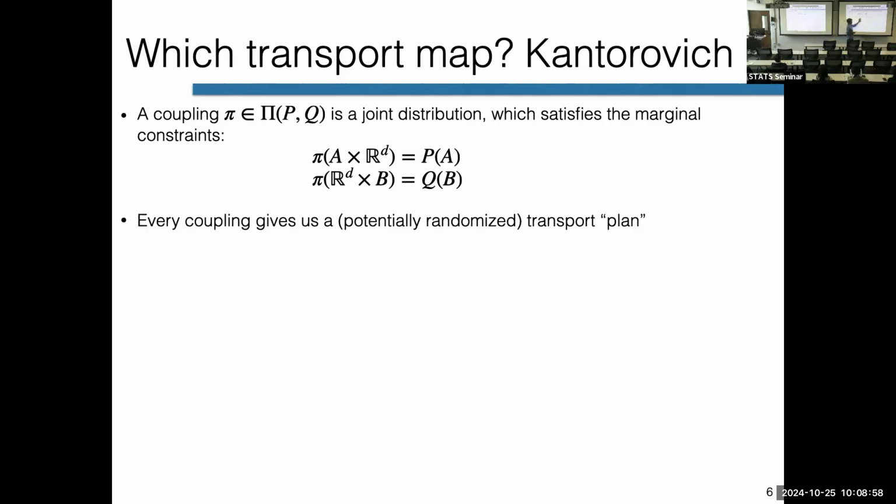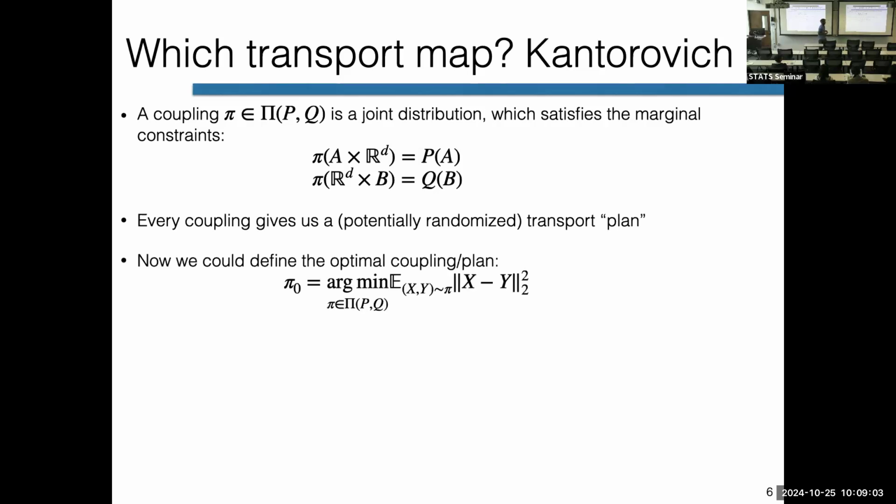Okay, and so you should think about this as every coupling induces a potentially randomized transport plan. And now you can define, again, just as Monge did, the optimal coupling. And so that is, you could say, give me a coupling that minimizes the expected cost. So now I'm imagining drawing x and y from this joint distribution and looking at how far the distance between x and y is.